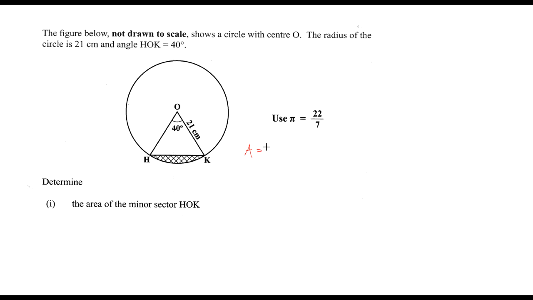The area of a sector is given by theta over 360 multiplied by pi r squared. The angle given is 40 degrees, so it's 40 degrees divided by 360 multiplied by pi, which they told us to use as 22/7, multiplied by r squared, which is 21 squared.